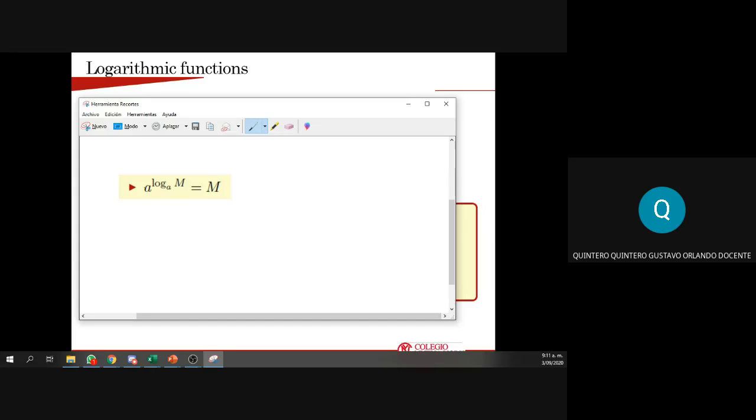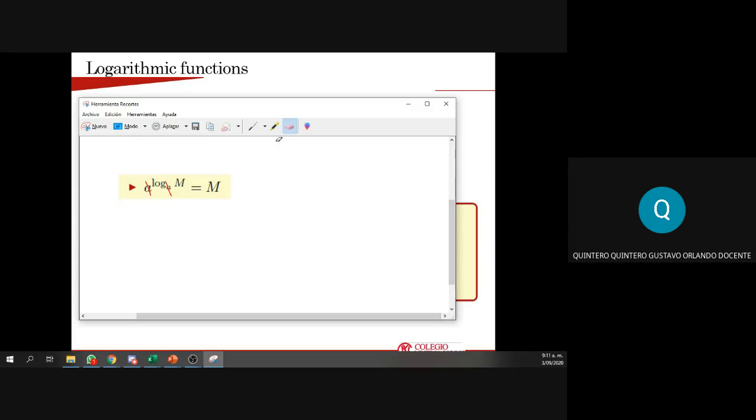Well, the idea behind this is you can cancel these two. Remember how I said at the beginning that logarithms were the inverse of exponentials? Well, just like any inverse, whenever you have the two inverse operations together, you can cancel them.